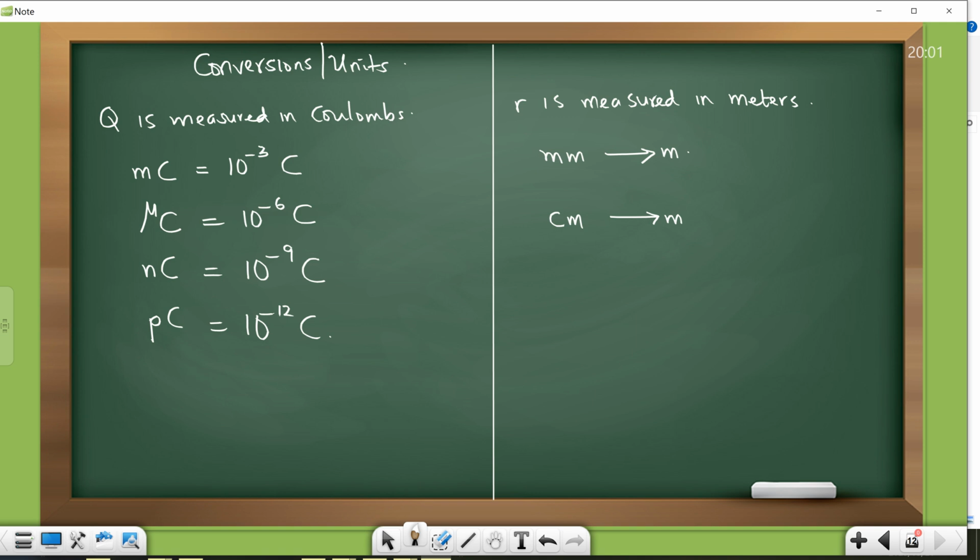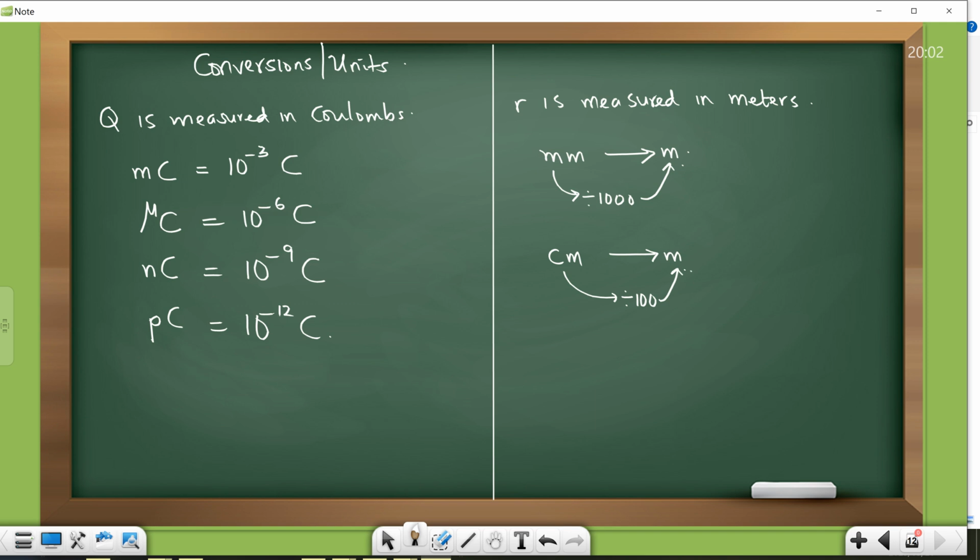So what do you do here? From here, you actually divide by 100 to get to meters. Here, you divide by 1,000 to get to meters. Those are the little things you need to know to convert.